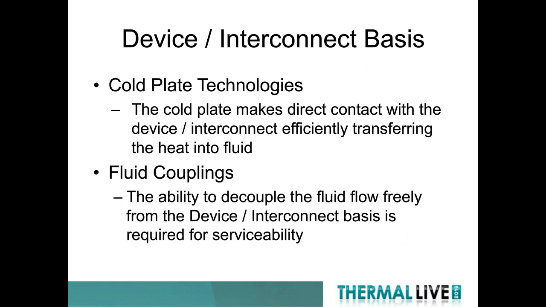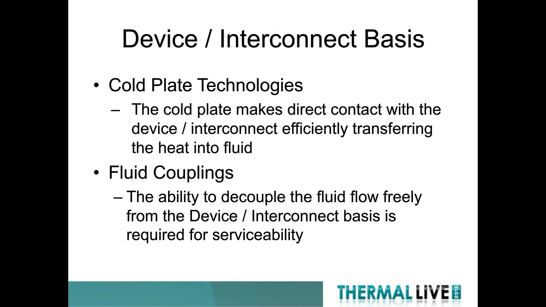So in the device and interconnect basis, this is where we see the cold plate technologies. The cold plates make direct contact with the devices that we're cooling. It also can take heat away from the interconnect as well. So it's cold plates that go onto devices. It's cold plates that can connect with the circuitry, taking heat away from printed circuit boards, IGBT modules, any type of main heat generating component.